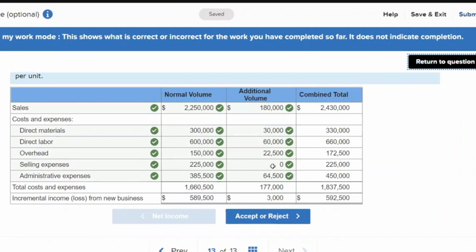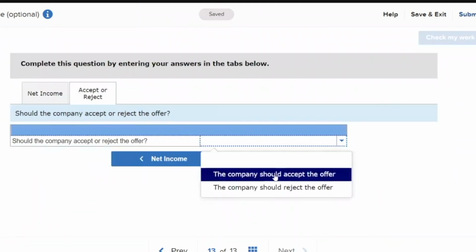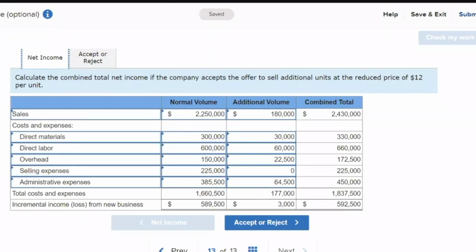They want to buy the stuff. So we don't have to spend anything to sell it to them, like advertising or sales commissions. They came to us. So it looks like that additional volume is going to make us $3,000. So that's good, right? So we should accept. There we go. All right, guys. Thank you.